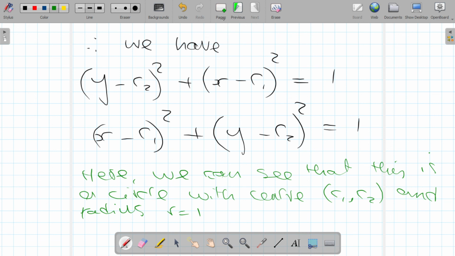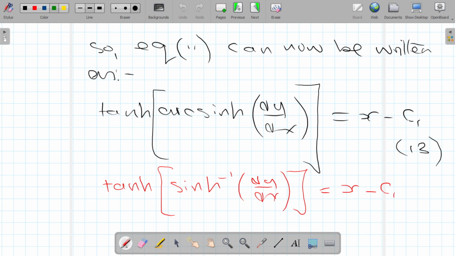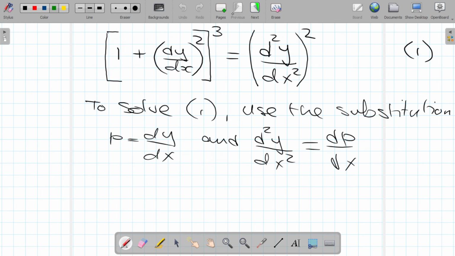So just to recap, we've gone from this equation, equation 1, which looks extremely complicated and in fact almost insoluble at first glance.